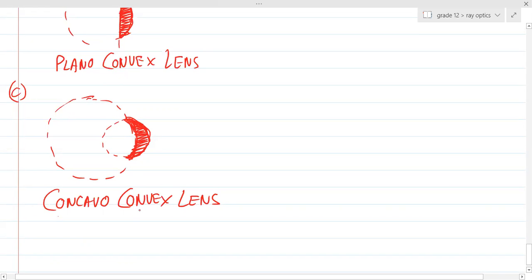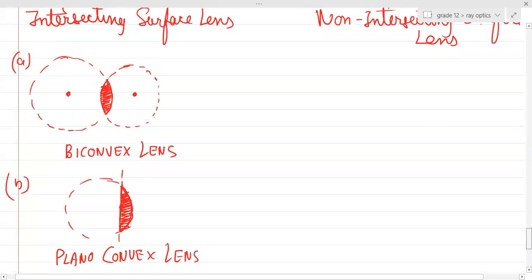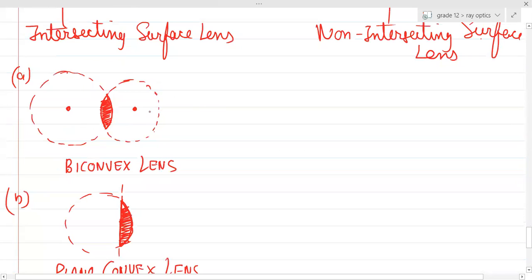In these three types of lens, the surfaces are intersecting, right? Acha, there is one special case of this. Let's say the radius of this is r1 and the radius of this is r2. If r1 and r2 are equal, and let's say it is r, so can you see the radii become equal?